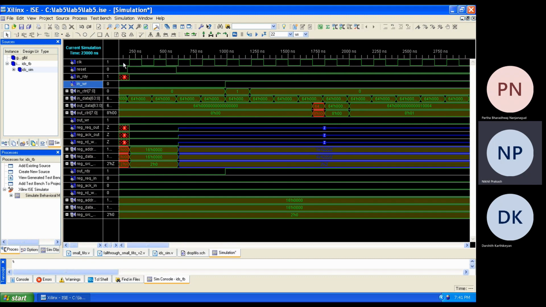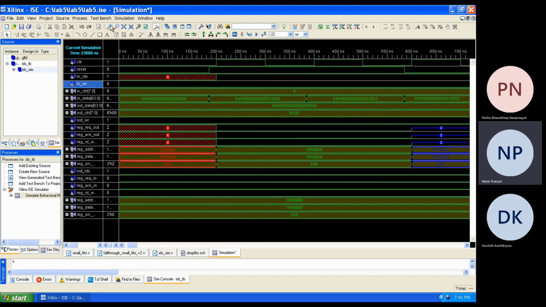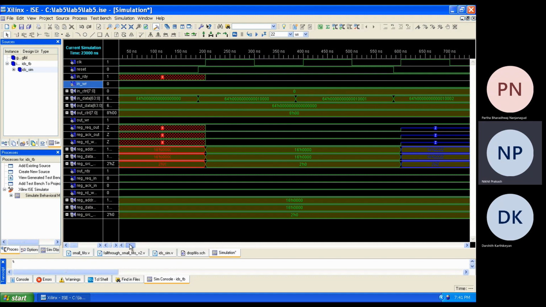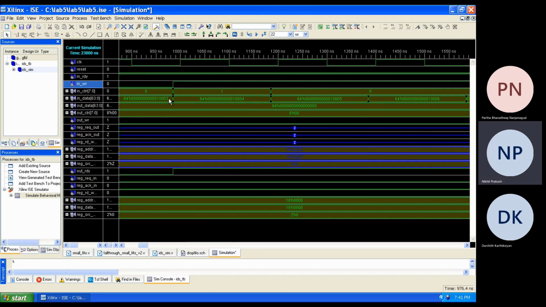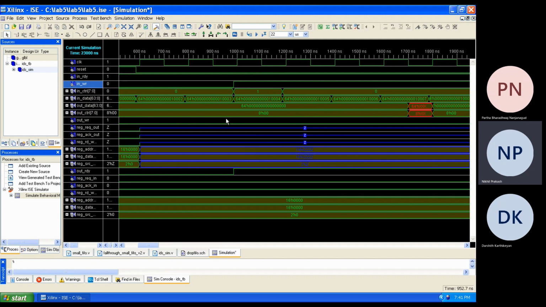Okay. So the first word. Yeah, this is the first word, right? 10004, ending with 10004. That's the first word. So what we see is that this is the out_data, so that won't be asserted.